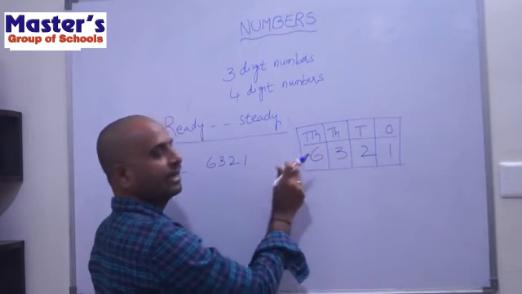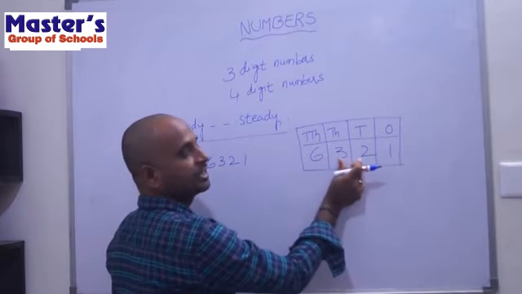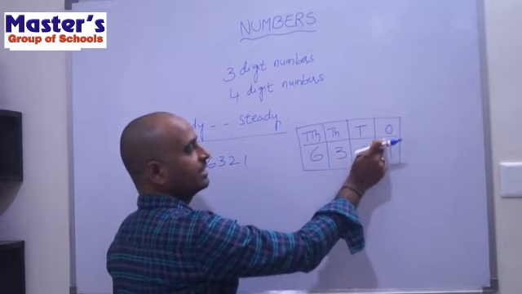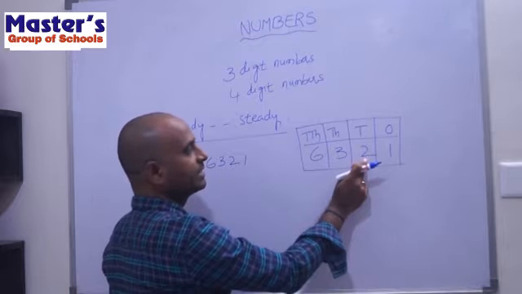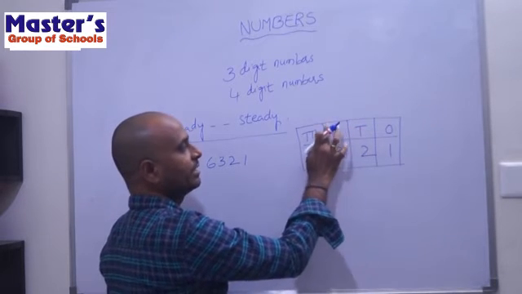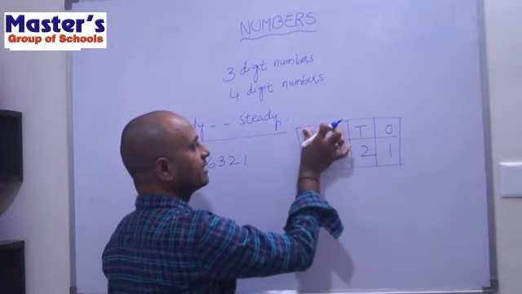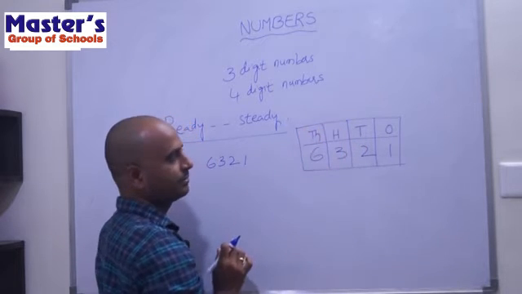First we have to write the place value chart and insert the digits in it.